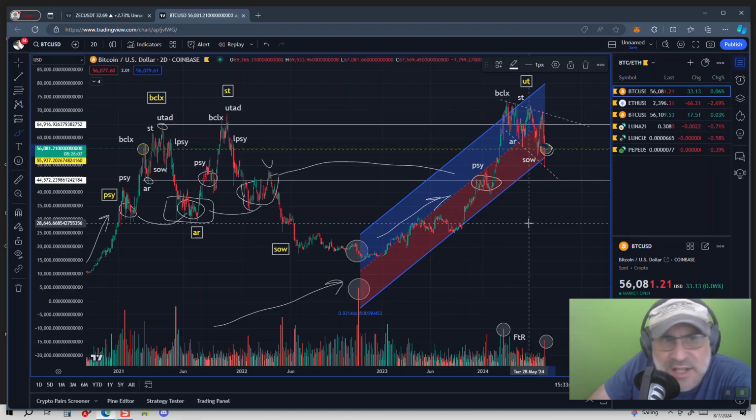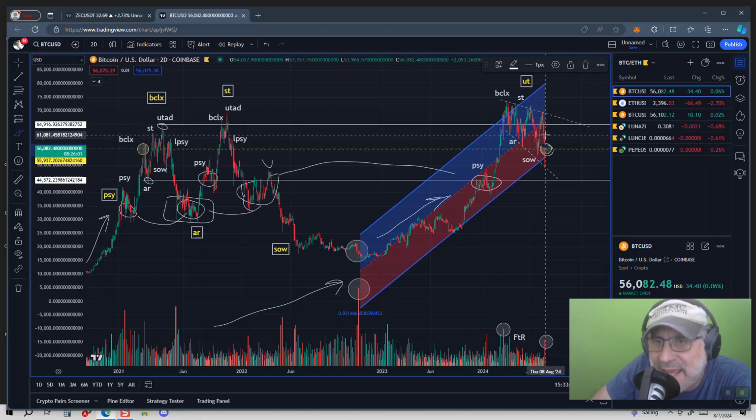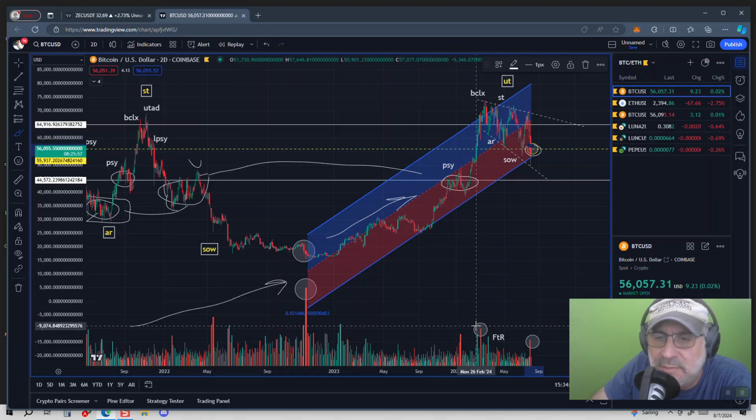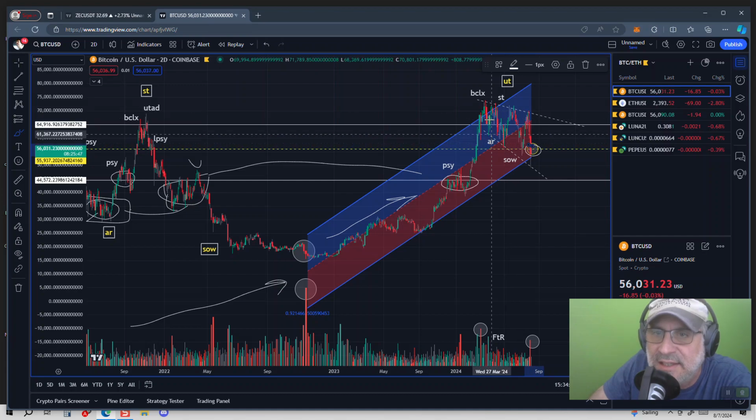The only thing is, though, we have lower highs and lower lows, but the waves are expanding in it. And if we look down here in the volume, we see that there's a lot of supply coming in at both the micro resistances.